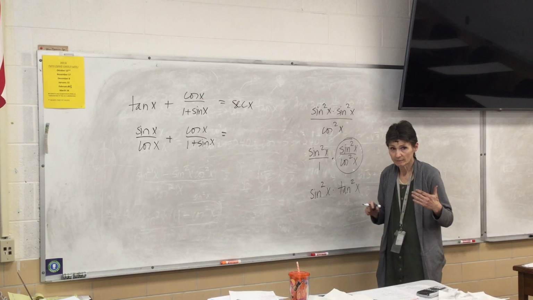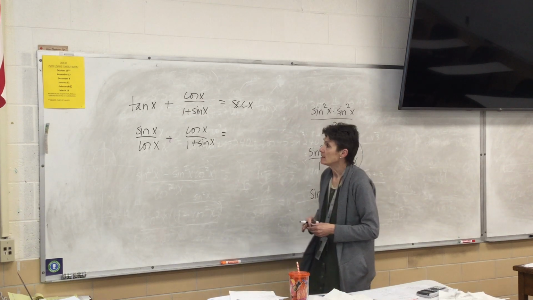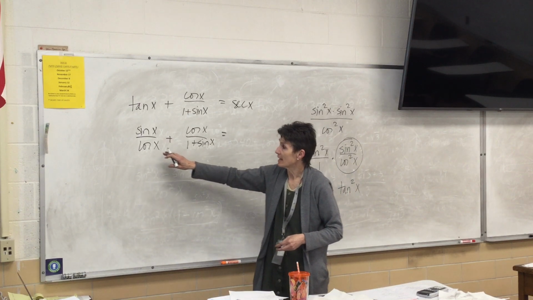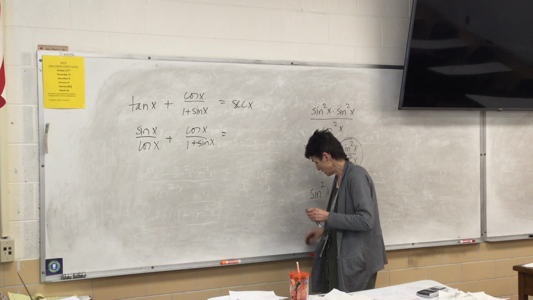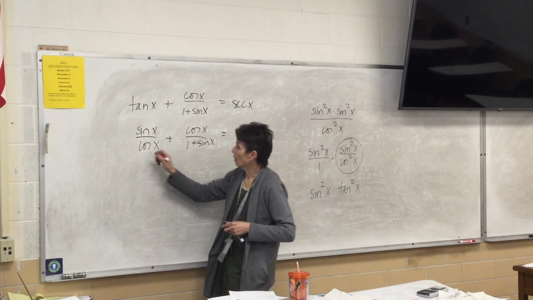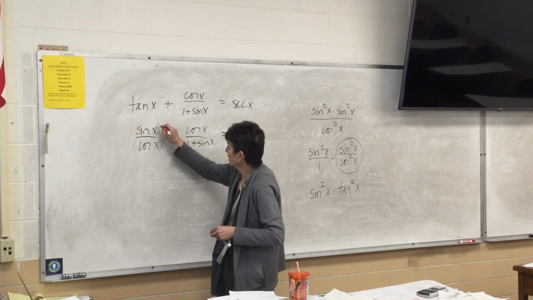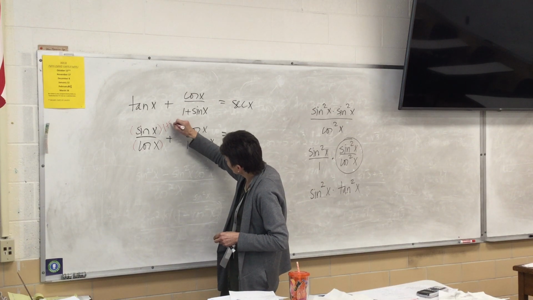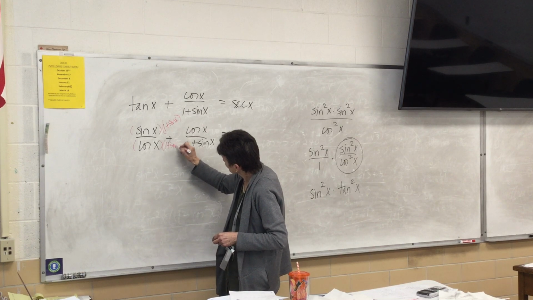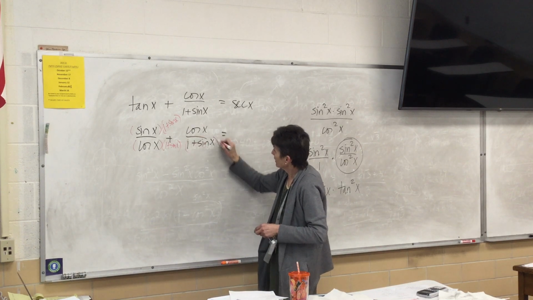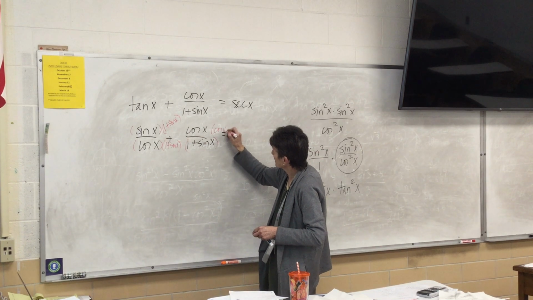Now I think I'll get a common denominator. So here's what you need to stop and think about. The common denominator has to have a cosine and a 1 plus sine. So this one is going to get multiplied by 1 plus sine, and this one is going to get multiplied by cosine.